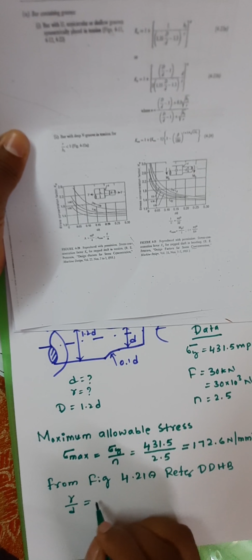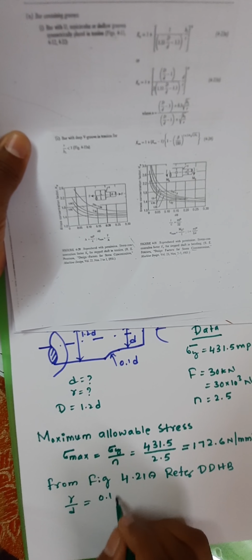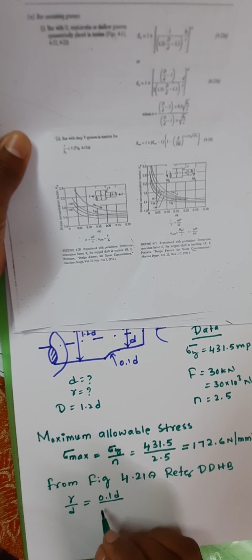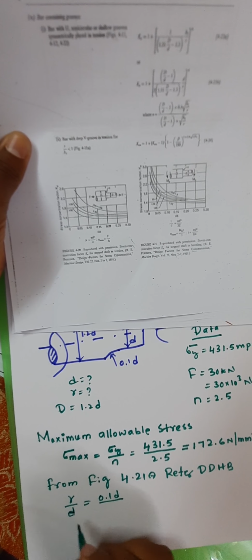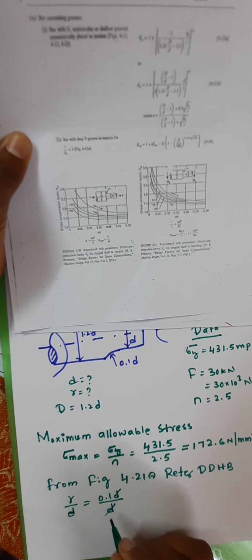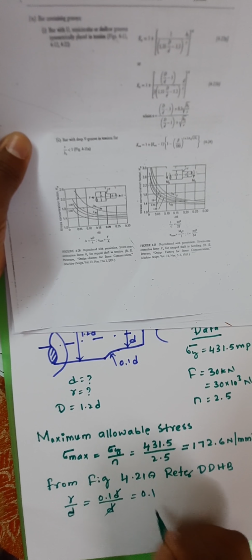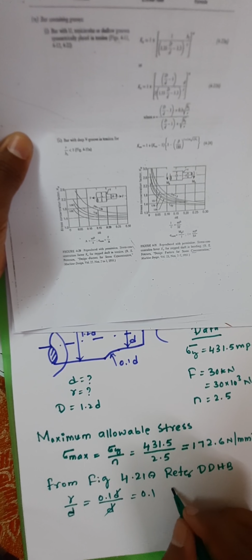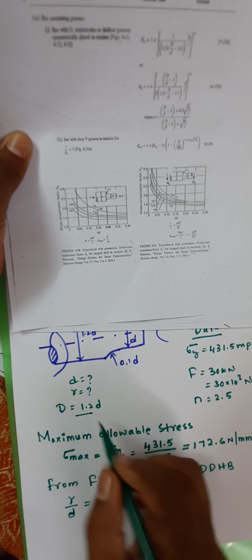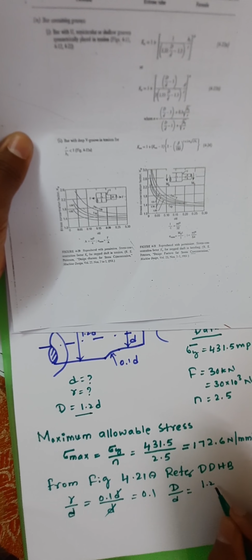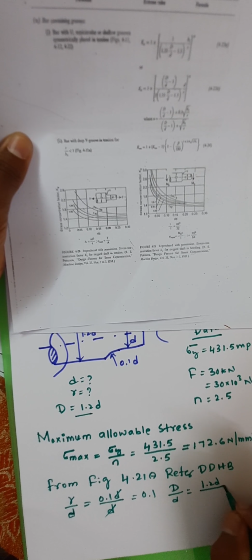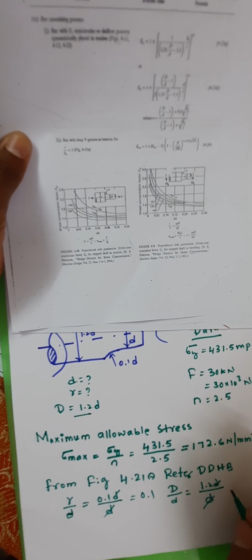The radius of the fillet is 0.1 times d, and we have diameter d. The d's get cancelled, and we get 0.1. And the same thing, capital D divided by small d. What is the capital D? It is 1.2 times d divided by d. The d's get cancelled.